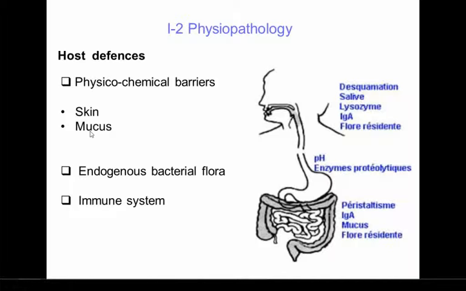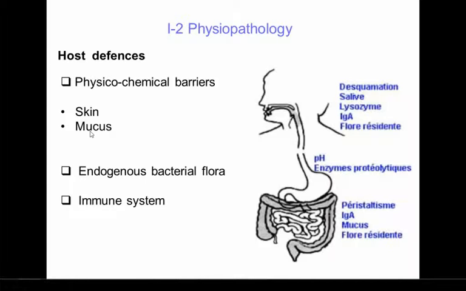And of course, mucus will flow over the epithelium. In your respiratory epithelium, the cilia all beat in the same direction. They cause the mucus to flow out and expel particles that have landed on the epithelium. So it's a physical barrier to colonization.